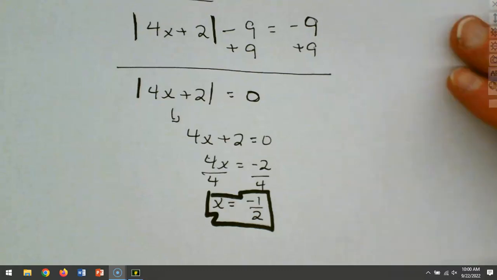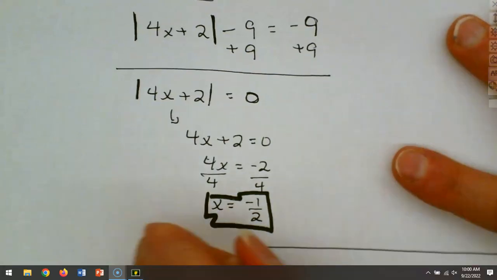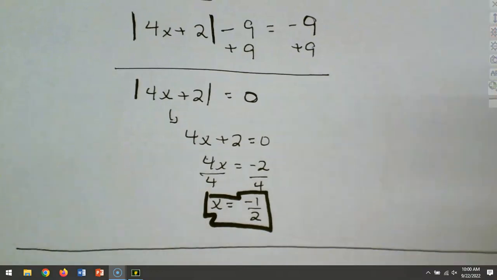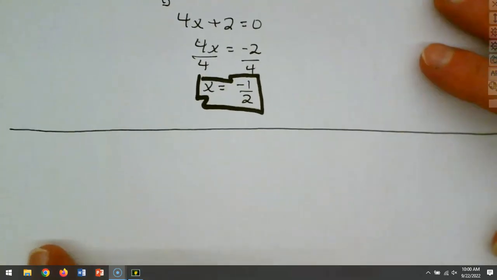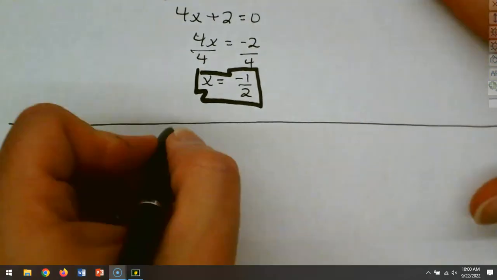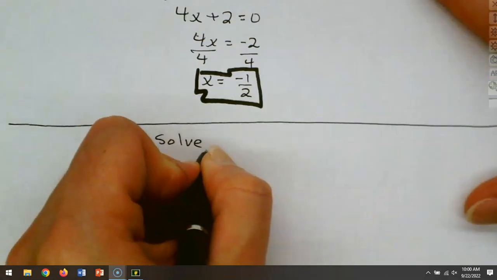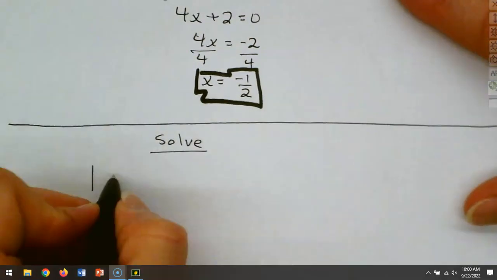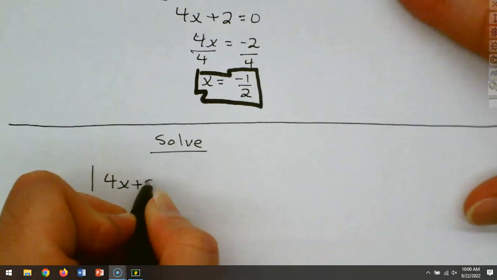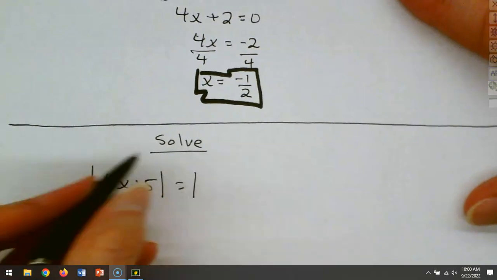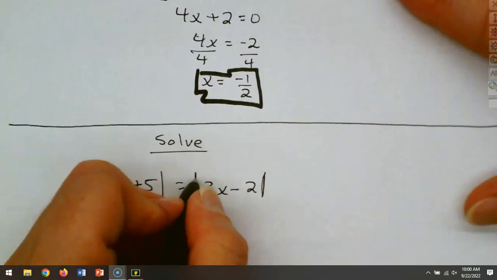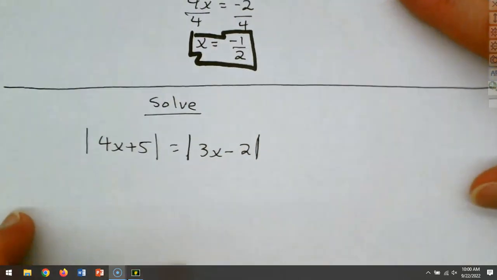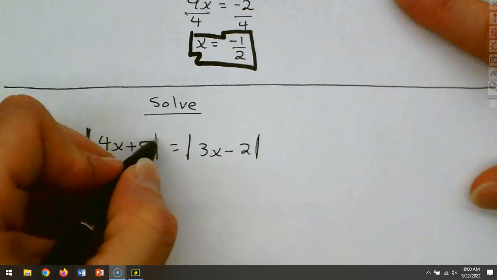You can also have an absolute value equaling another absolute value. So we'll do a couple of these. You're going to use the same procedure and the same logic, though. Okay, and these are absolute value bars here.